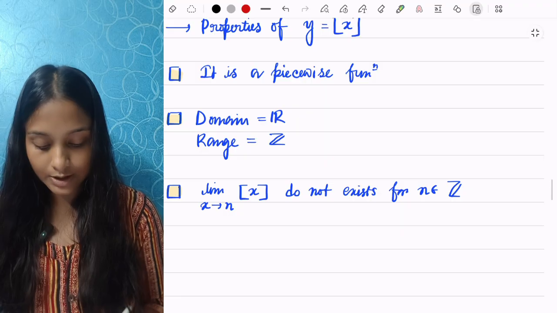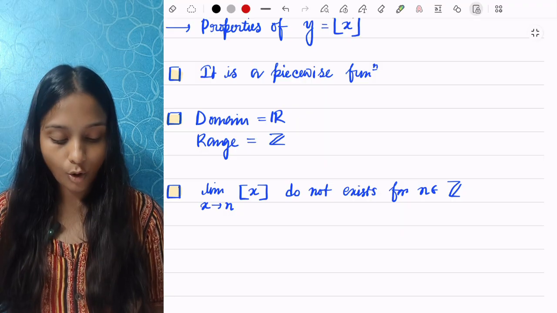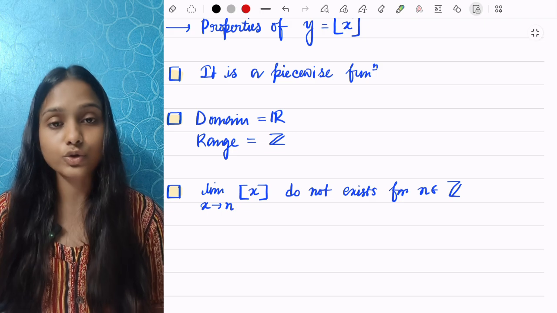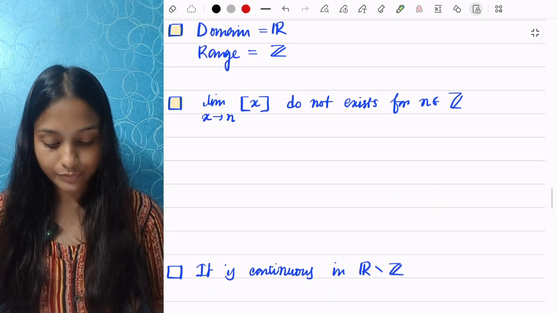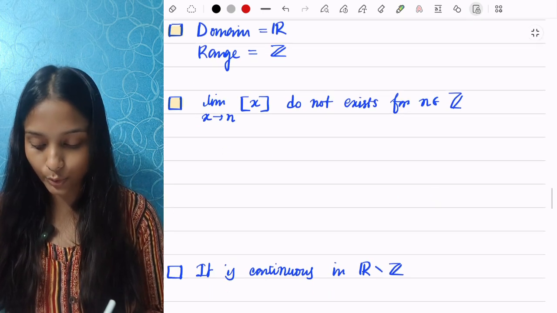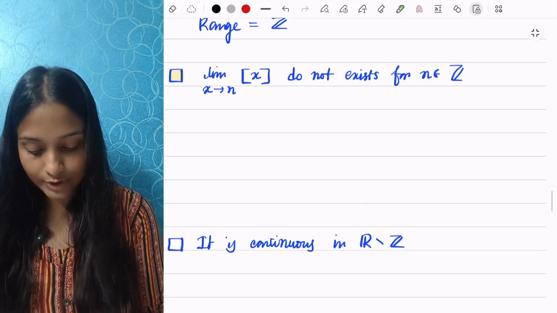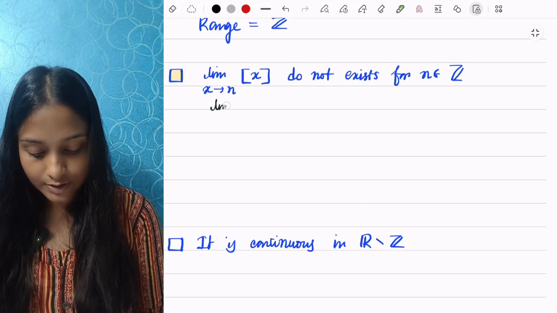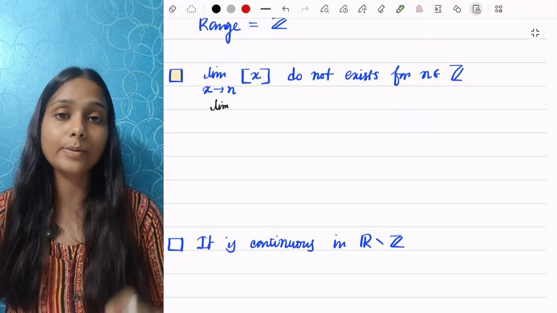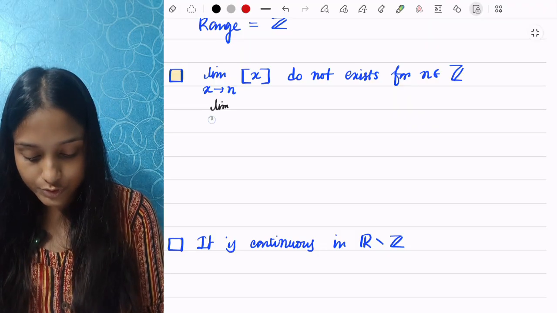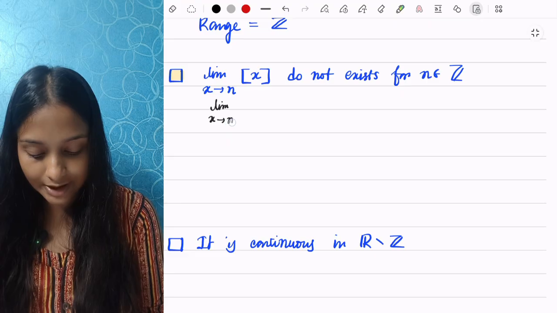So let us now see the next property. This one: limit x tends to n of box x does not exist for n belongs to Z. Okay. So let me show it. It says that the limit doesn't exist at the integer points. So suppose we are trying to get the limit as x tends to n plus of box x.